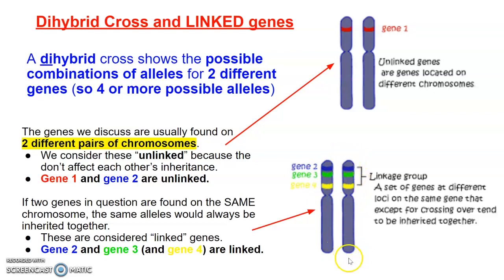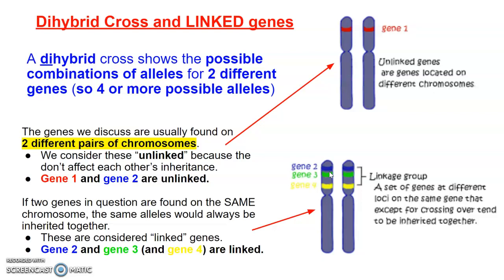Remember, 50% of the gametes will get this one, and 50% will get this one. And so those alleles will be inherited together every time. Obviously, we will talk about the very low chance that they may be separated by crossing over, but other than that, once in a blue moon situation, these genes are what we call linked, and they will be inherited together.